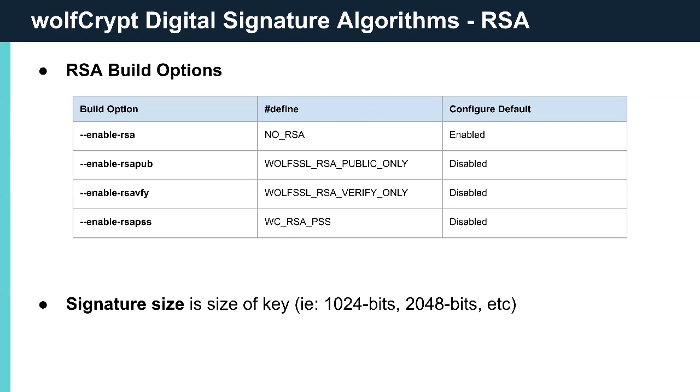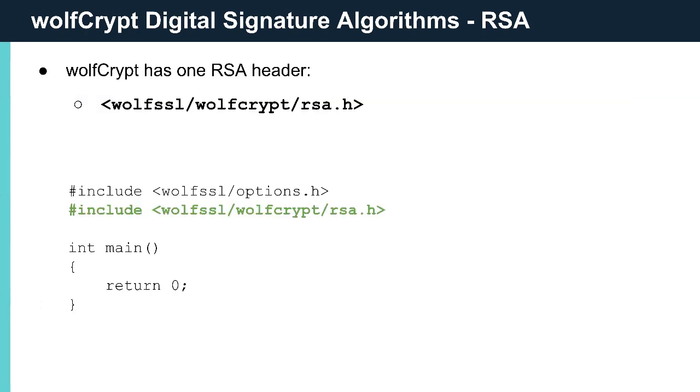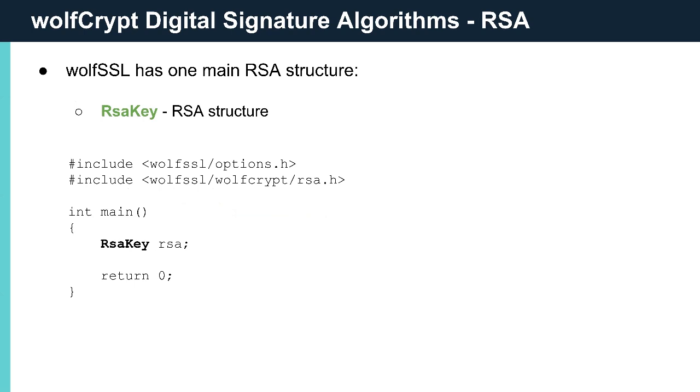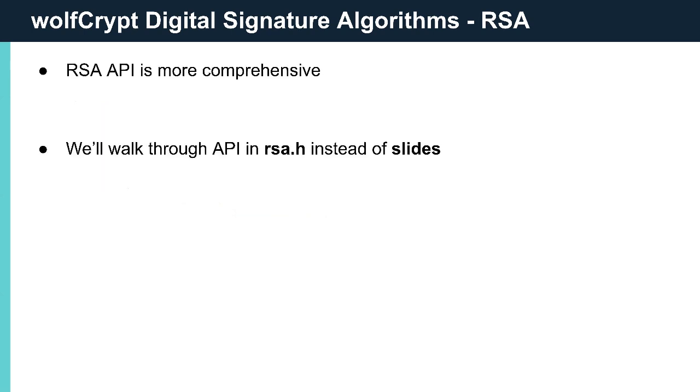So 1024 or 2048-bit keys will have a respective size signature. Using RSA from an application, you have one rsa.h header and one RSA key structure. Our RSA API is a little bit more extensive, I would say, than some of the other algorithms are. So after we get through these slides, we can take a quick look at rsa.h and see what that looks like.